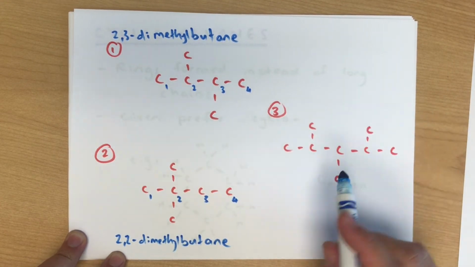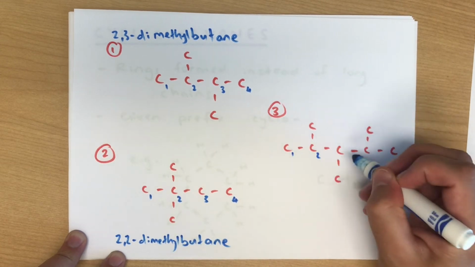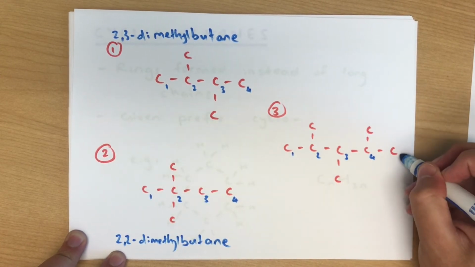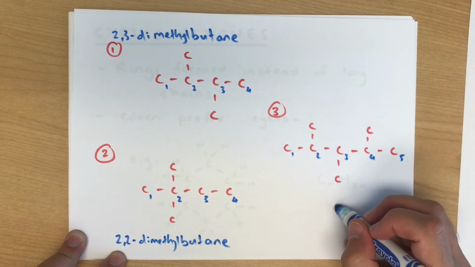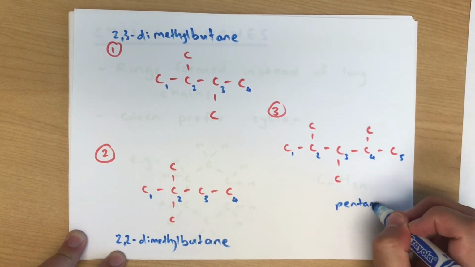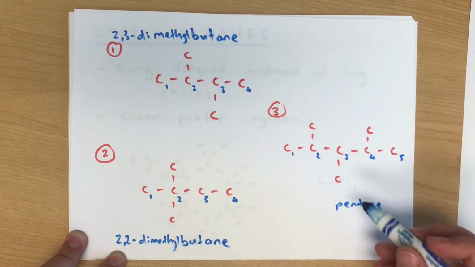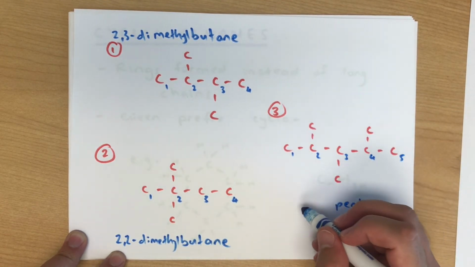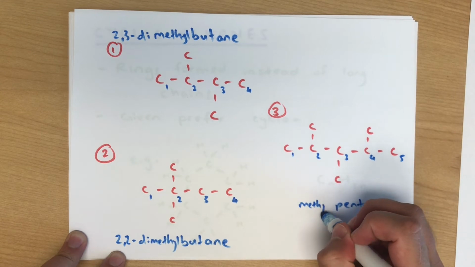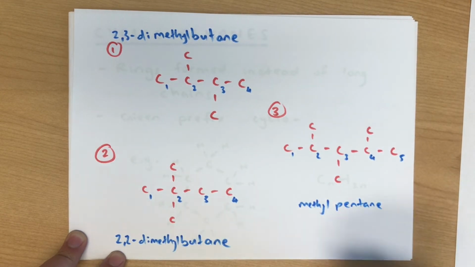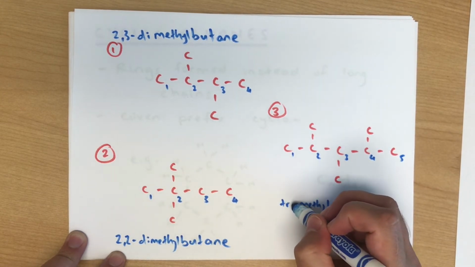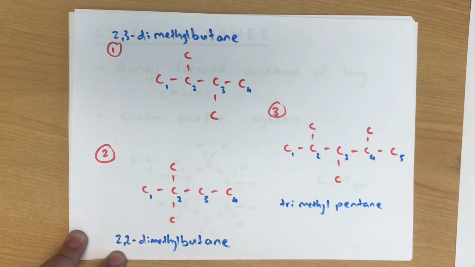To our third example, longest carbon chain, 1, 2, 3, 4, 5. 5 carbon means pentane. We have 1, 2, 3 side chains. They are all 1 carbon long, so they're all methyl. And this time, because there's 3 of them, we say that they are trimethyl.